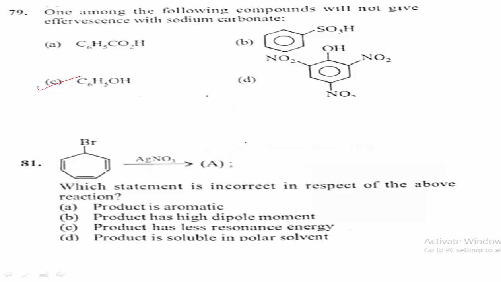Here the product is, okay, students, here I write positive charge and NO3 minus, because the Br is lost here, and the byproduct is AgBr.